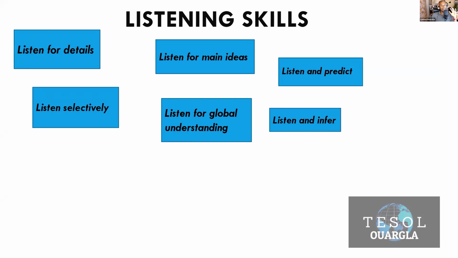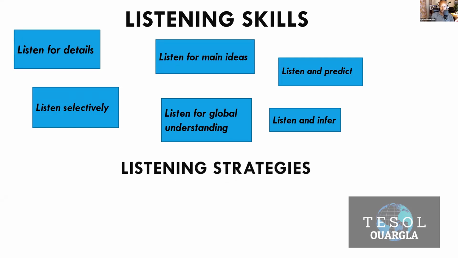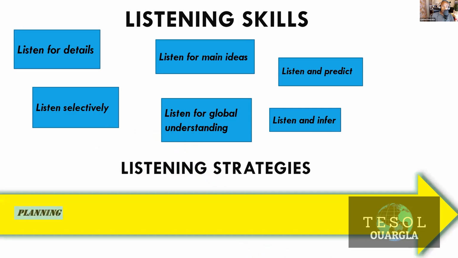So these are skills. Today, we are not going to focus on the skills. Today, we are going to focus on the strategies. And I'm going to explain in a few minutes the difference between the two. So what are the strategies? They work horizontally, as you can see from the arrow that I've put in yellow.